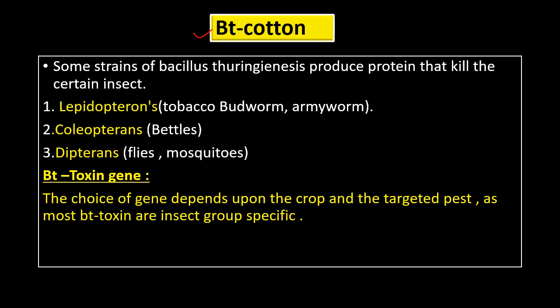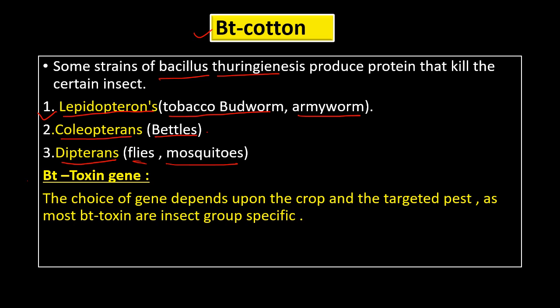Some strains of Bacillus thuringiensis produce proteins. These proteins kill certain insects. So Bt cotton genes protect from lepidopterans, these are tobacco budworms and armyworms, and coleopterans, these are beetles, and these are protected by Bt genes. Dipterans, these are flies and mosquitoes.